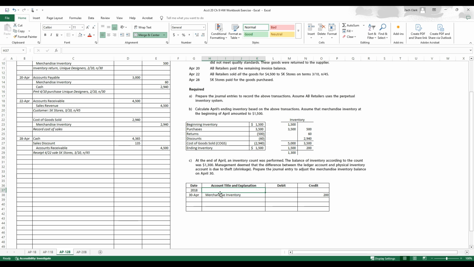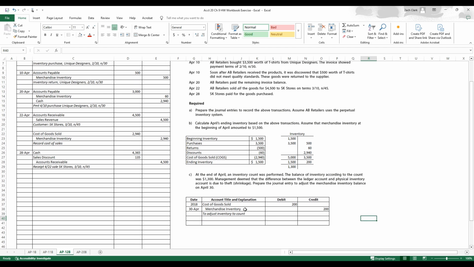And the expense account that we're going to use is cost of goods sold. You could theoretically have a specific account to track inventory shrinkage, but for our purposes here, we'll say to adjust inventory to count. So this is just saying we counted, it was less, and we adjusted.